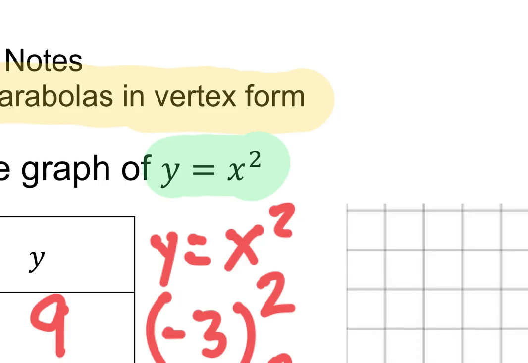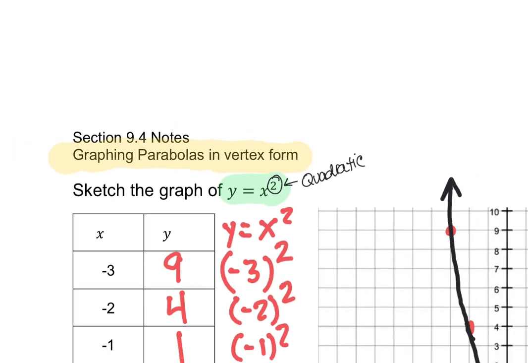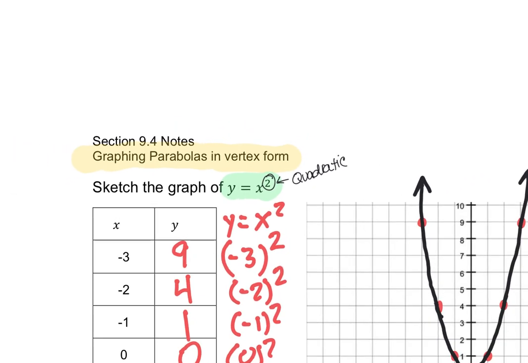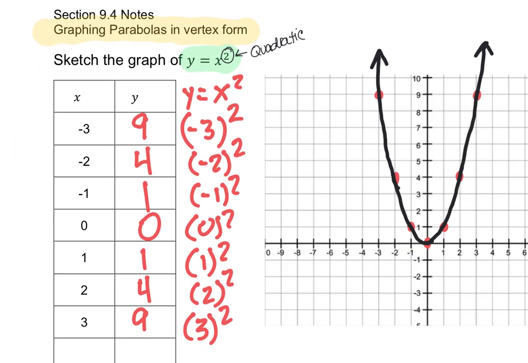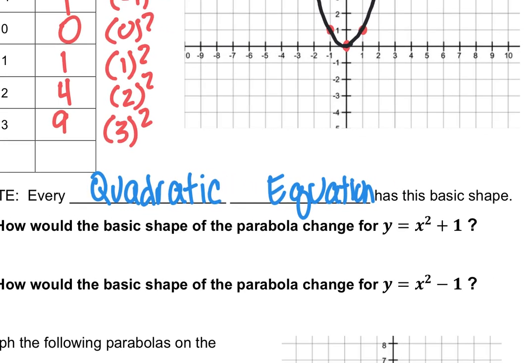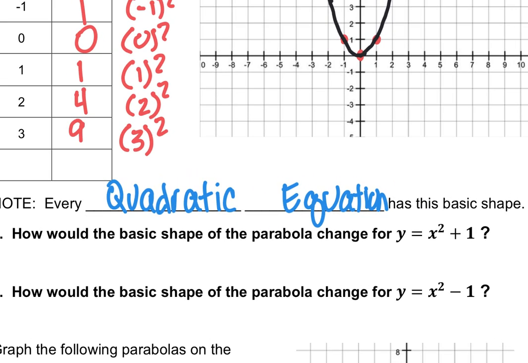Okay, the basic shape of it is the parabola. But what is it about this equation? Right, that 2 right there is going to tell us that it's a quadratic. That is our clue. So if you see that exponent of 2, you know it's a quadratic, and you can say, okay, I already know the shape of this is going to be a parabola. That's the basic shape. All right, so let's go to the next part.